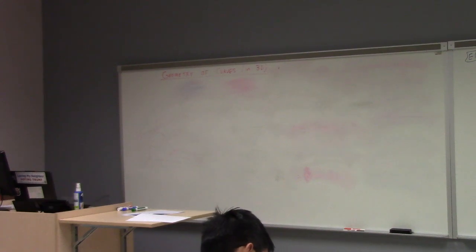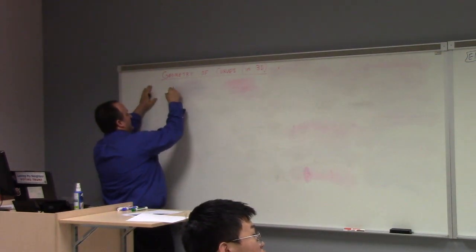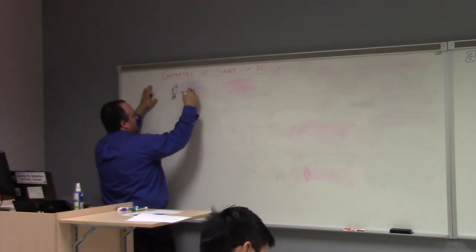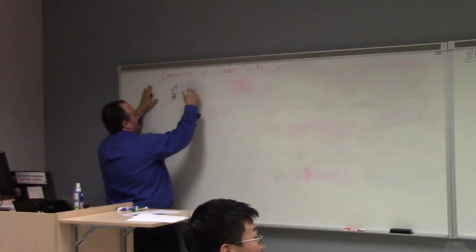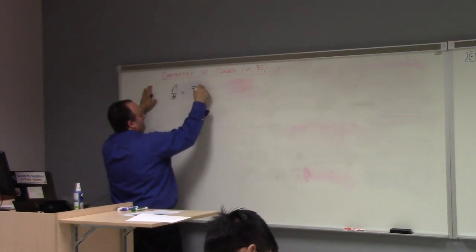You guys help me out. We've shown that dt dt has to be equal to t prime dot n times n.